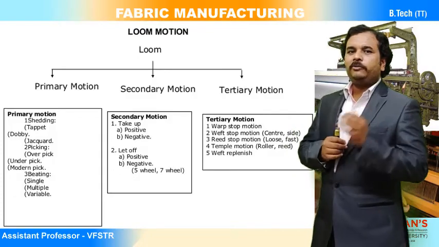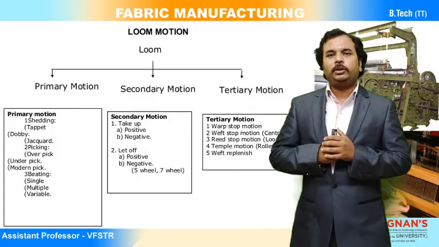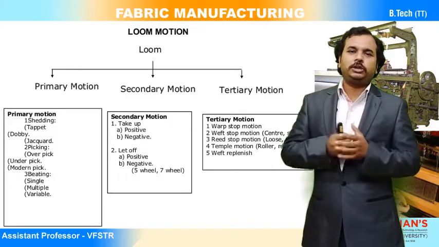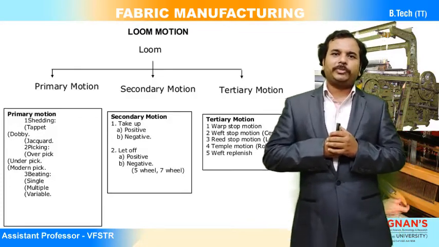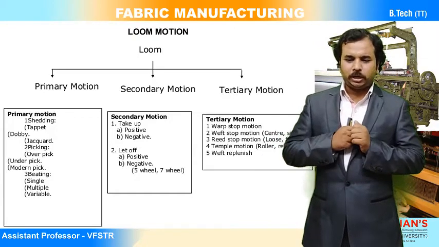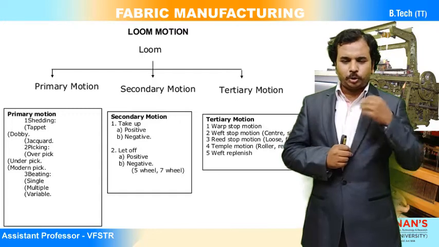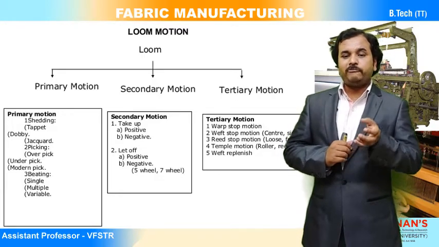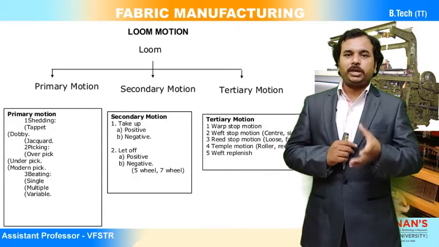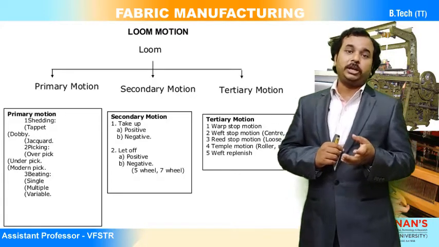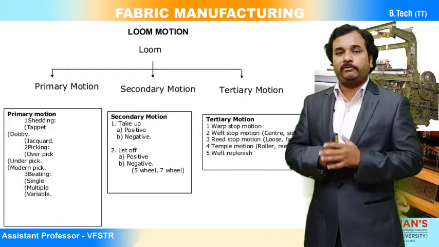For example, if you have a hand loom, there are no auxiliary motions. If the warp thread breaks, the man who is doing the fabric formation has to identify it. He observes every pick, and whenever the warp thread breaks, he has to stop by himself only.